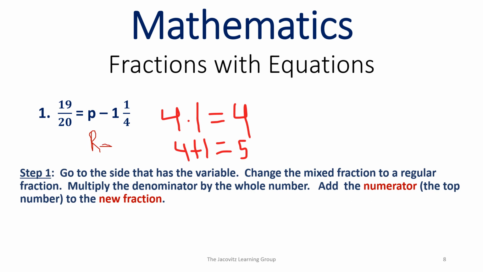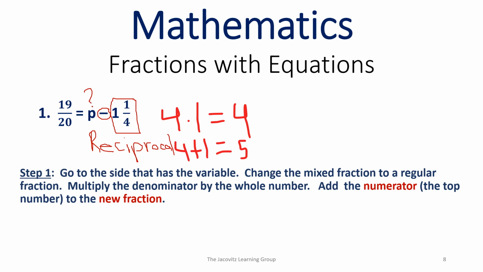But this sign, when it says p minus 1 1/4, that should not be a reciprocal, and you turn it into multiplication. This sign here says that you're supposed to subtract this value, 1 1/4, from p. But the problem is you don't know what p is. So that's why we're going ahead and solving it.